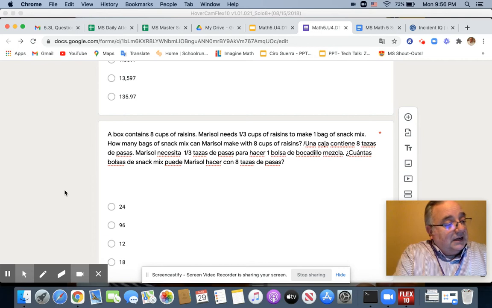Well, I'm going to take 8 cups right here, and in each one of those, I'm going to divide it into 3s. 1/3, 1/3, and 1/3. So I have 8 of them, right? I'm going to do the reciprocal of that, which is 3, which gives me 24. You should be able to make 24 bags. And here's the answer there.